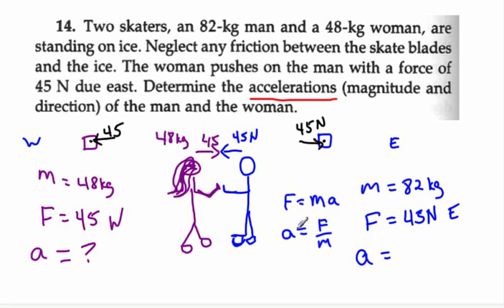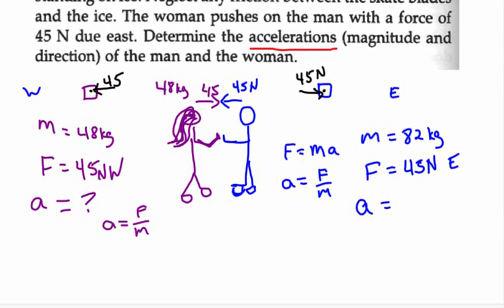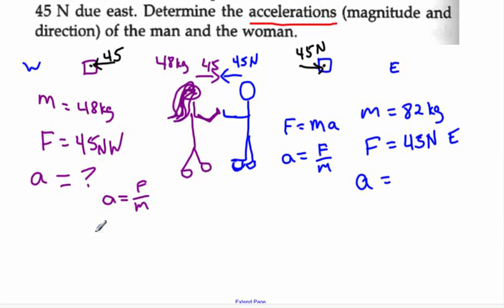And we're going to do the same thing. We're going to use this equation right here. Acceleration equals force divided by mass. So now all it becomes, let me put newtons there. All it becomes is just plug in the numbers and use your calculator to check out an answer. So acceleration equals 45 divided by 48 over here.